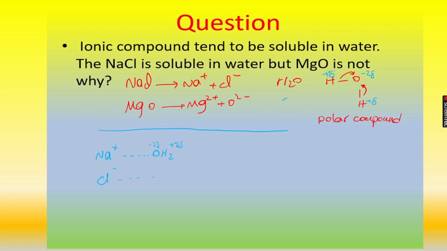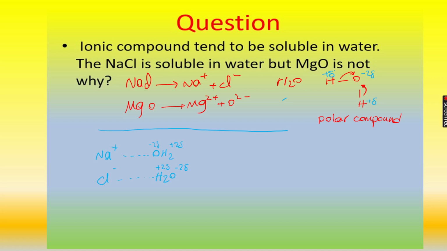Between the Cl- and H2O with the side of the hydrogen, because the hydrogen is partial positive, there is also attraction.